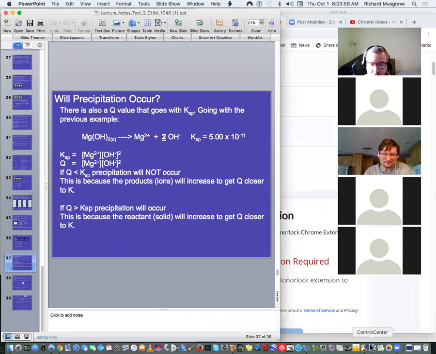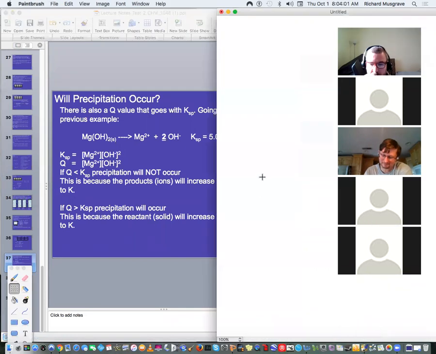Now, the way you can think about it, I'll just very briefly go through this because I think it's useful to say this. Let's say we weren't dealing with Ksp. Let's say we were dealing with just the actual K expression.